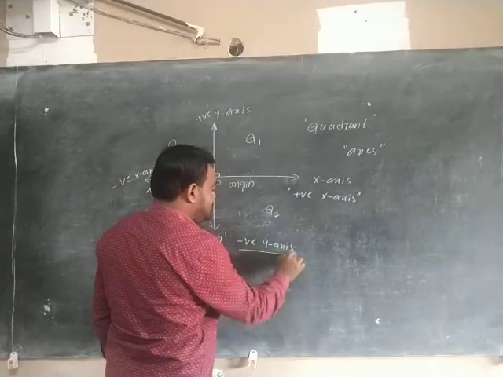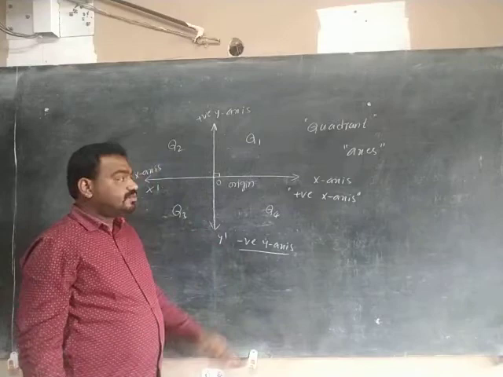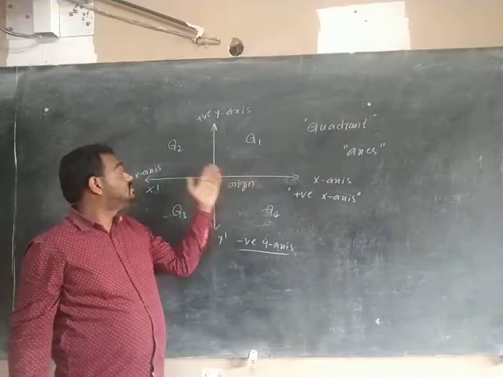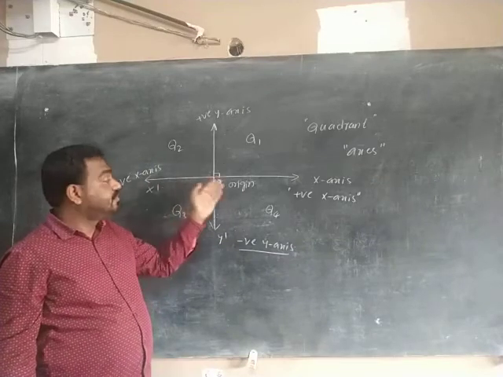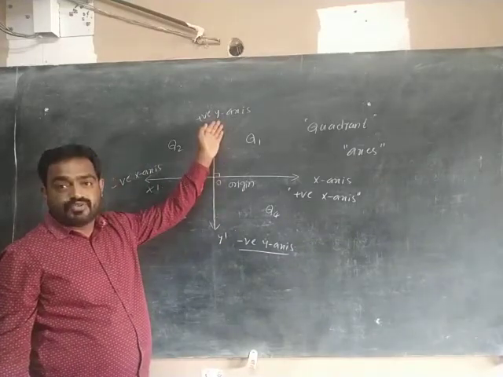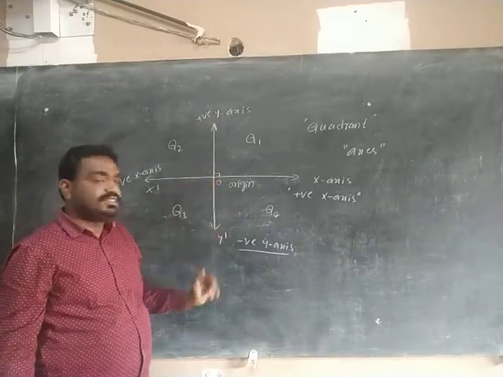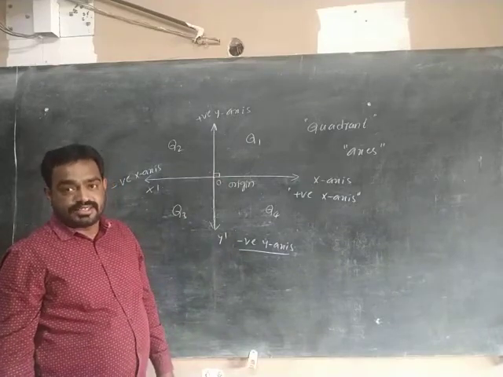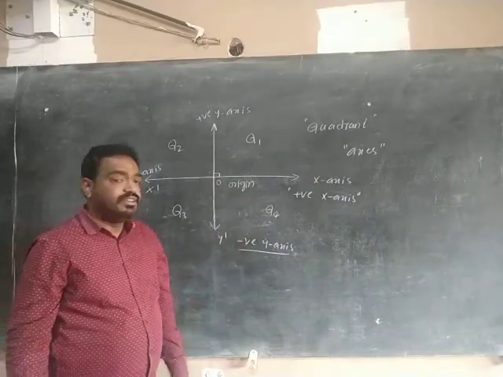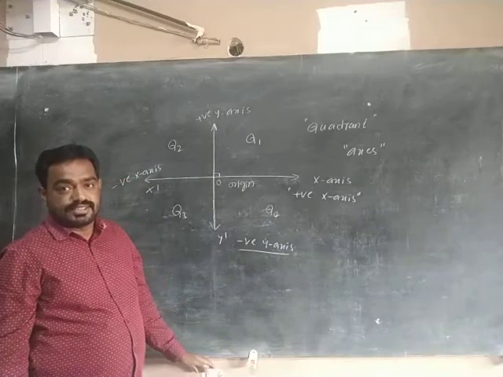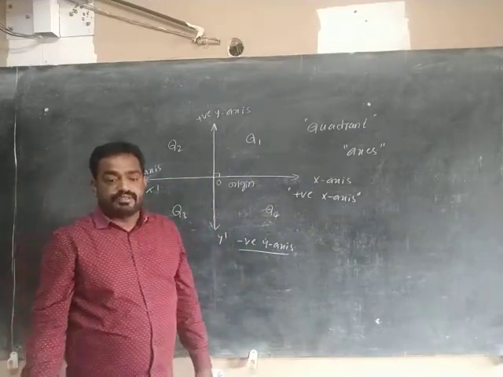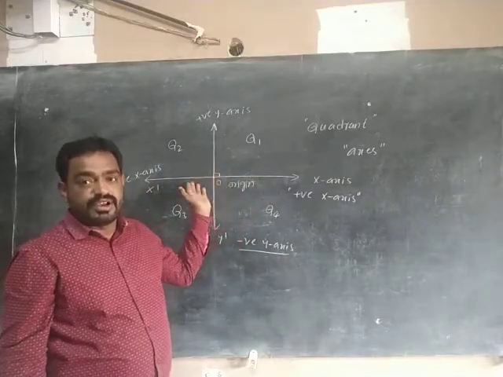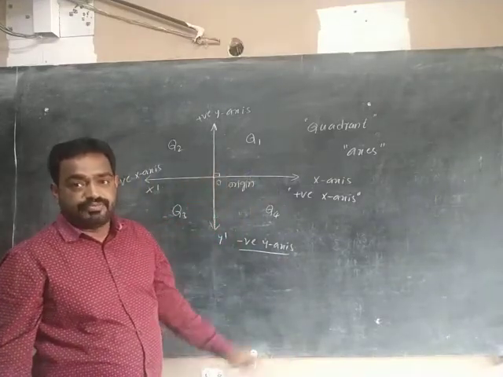So this is the positive x axis, this is the negative x axis, OX dash. OY is the positive y axis. OY dash is the negative y axis. This is about the coordinate system, otherwise the Cartesian coordinate system.